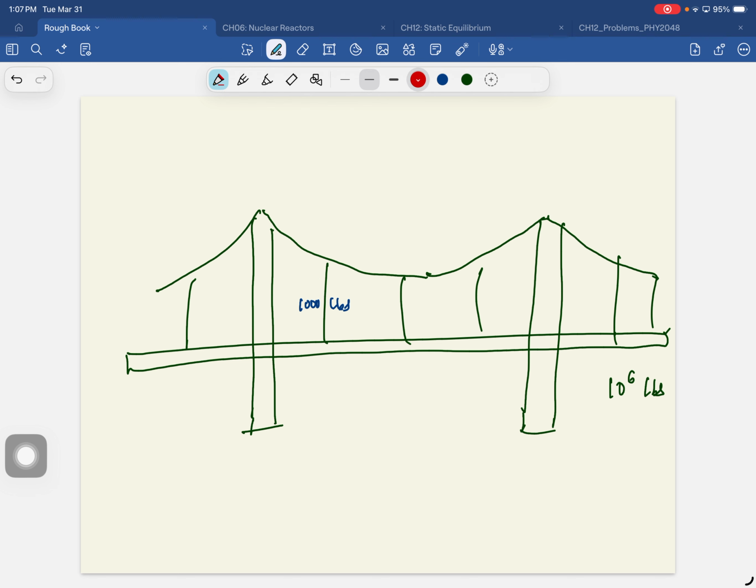This cable, what is it doing? It's pulling it that way, and this is lifting. This guy is pulling on him, so all the pulls of these guys turn into a pull like that. Okay, this cable is pulling him, this cable is pulling him, and that turns into a compressive force on this guy.